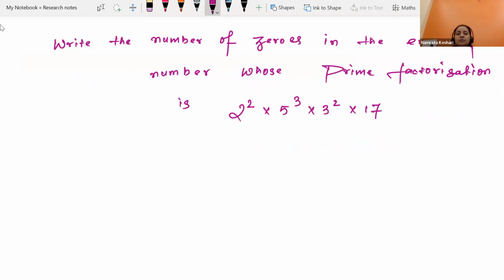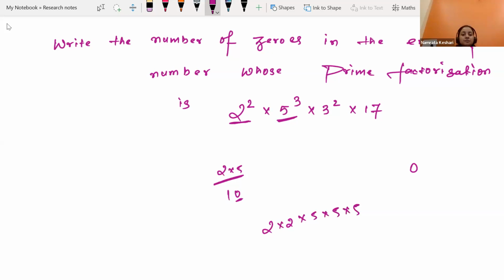Let me tell you. Here, a 0 means we need the combination of 2 and 5. 2 and 5 multiplied together will make 10. Here we are having two 2s and three 5s.